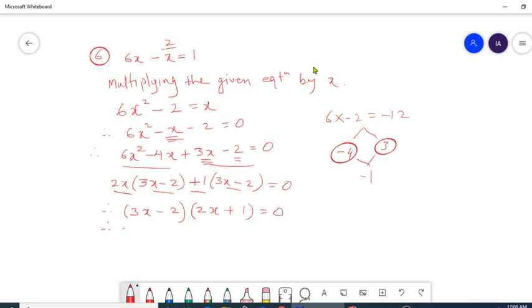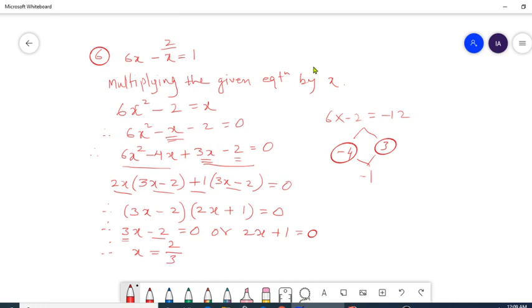So here you can say 3x minus 2 is equals to 0, or 2x plus 1 is equals to 0. Therefore, keeping x on its place, this negative 2 will become positive when I bring it to the other side, and this 3 is multiplying with this x, so on bringing it to the right hand side, it will divide.